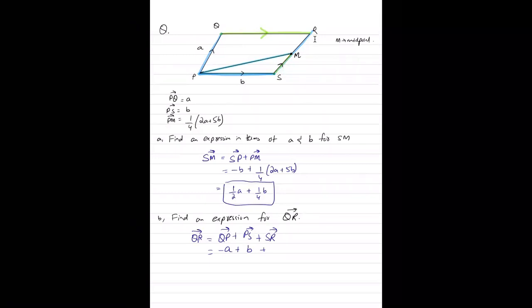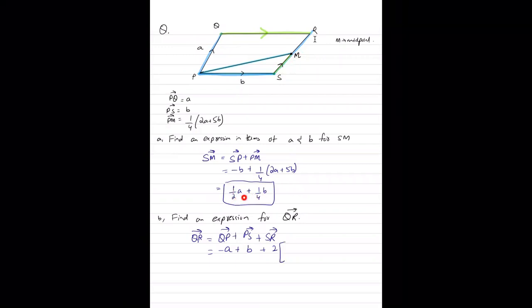If the vector SM is half of vector SR, then can I say SR is double of SM? Yes. So do we know SM vector? It's not a parallelogram, I think it's just a quadrilateral.